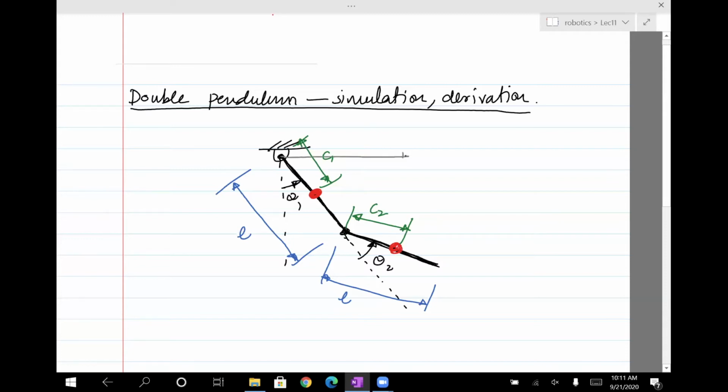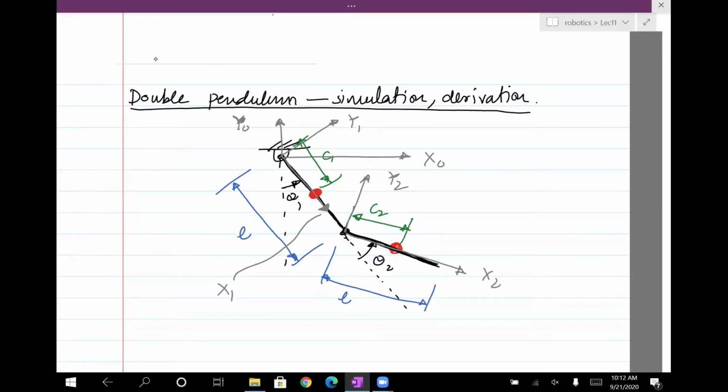So what we'll do here is we'll fix the fixed frame as x0, y0. The frame one, so based on the correction I just did, the frame one would be right here, y1, x1, and then x2, y2.